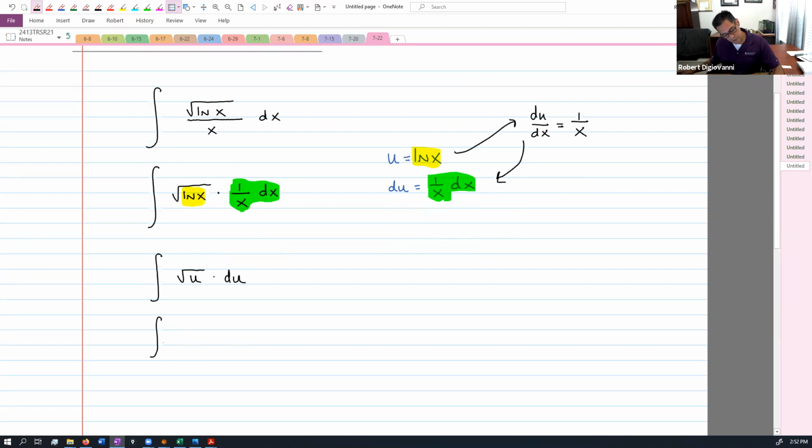And that becomes the antiderivative of u to the half du. I wrote it as u to the half because I'm going to use the power rule for antiderivatives. So this becomes u, I need to add 1 to a half, that gives me 3 halves. And out front, I need the reciprocal 2/3, and then I need my plus c.